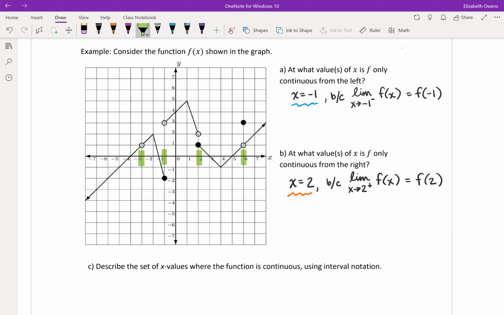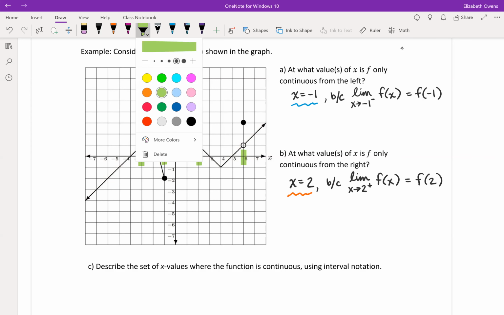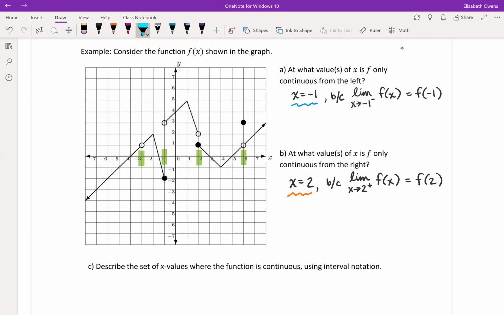So let's change up the highlighter color here. If we're coming in along our function, everything is all good and continuous. It's just like a line up until x equals -3. So that is one good solid interval of continuity. As long as there's no discontinuities in that bit, we would say that interval is continuous.